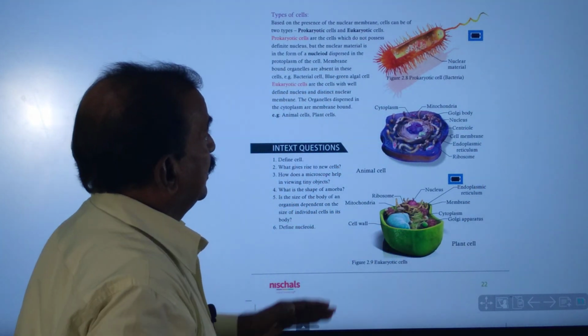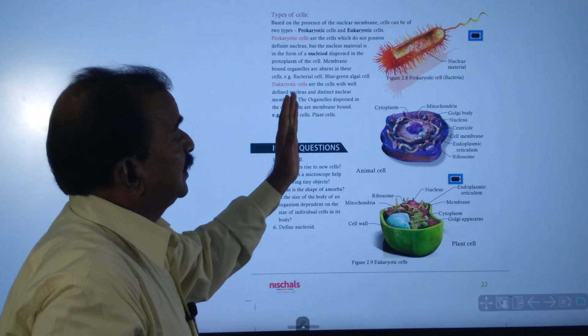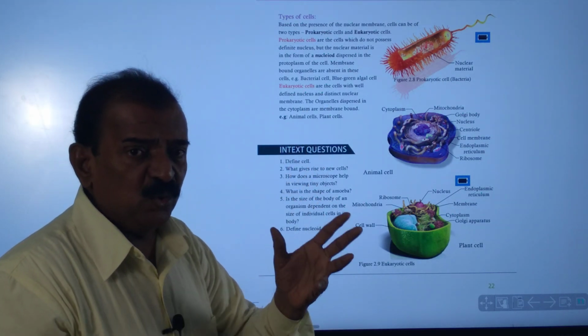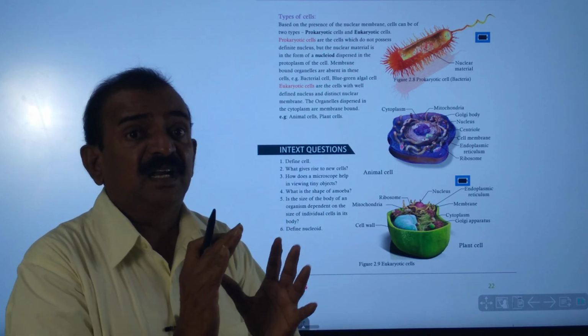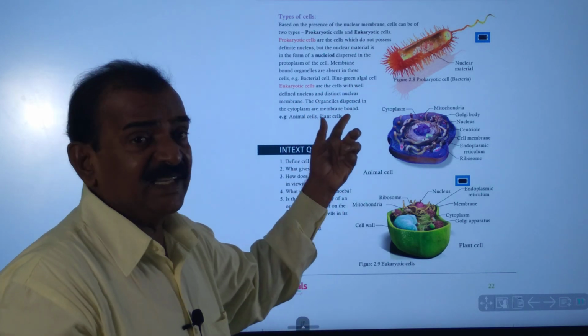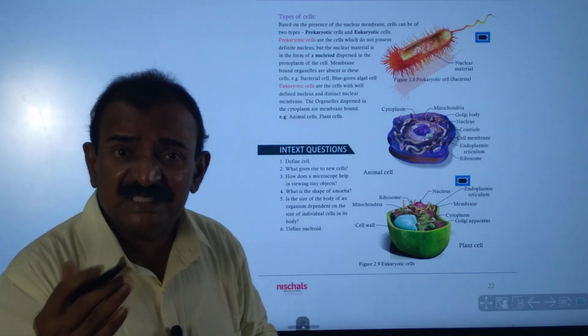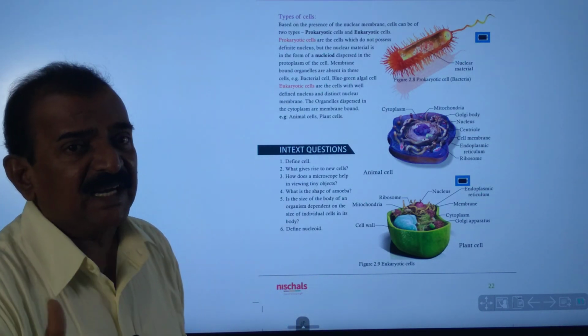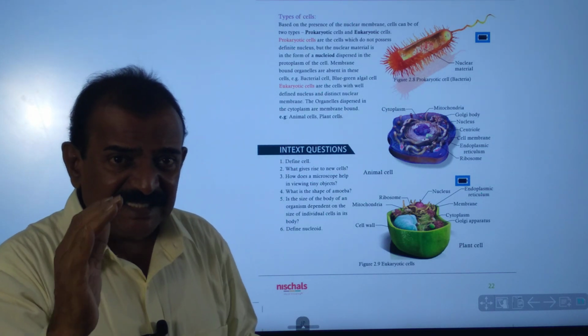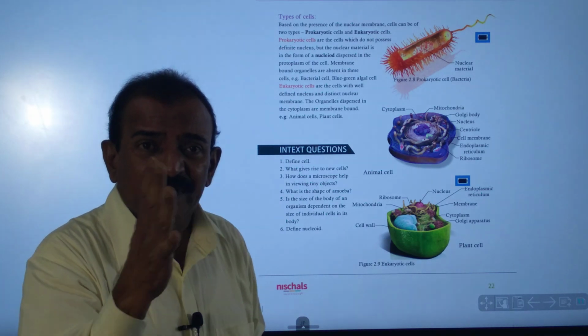Here we need to understand the types of cells. I told you there are two types of cells: prokaryotic cells and eukaryotic cells. Prokaryotic cell examples are bacteria and blue-green algae.